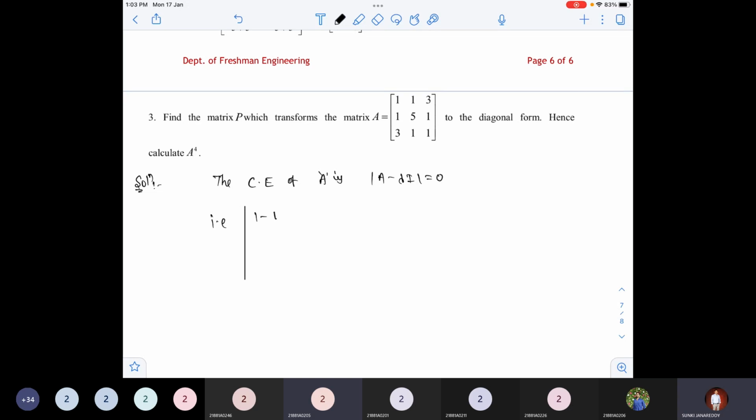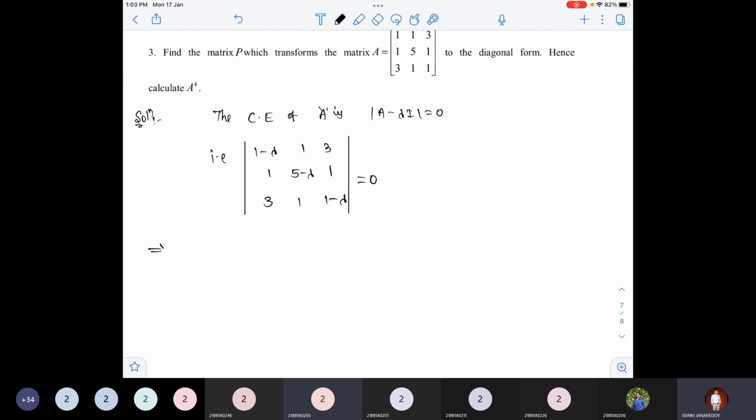That is, 1 minus lambda, 1, 3; 1, 5 minus lambda, 1; 3, 1, 1 minus lambda, equal to 0. All of you be ready with calci.